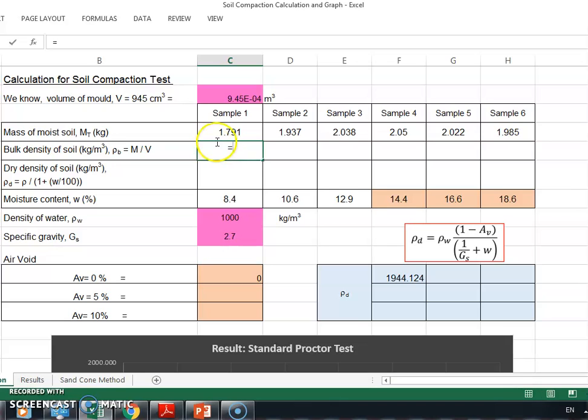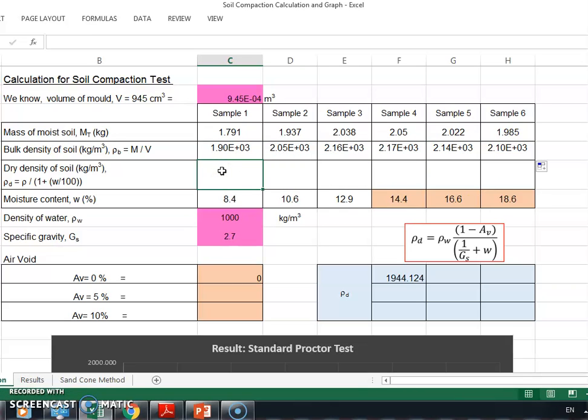We take the mass of the moist soil divided by the volume, and we do this for all samples. And drag again.